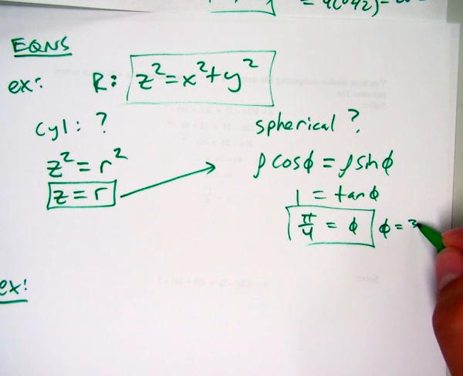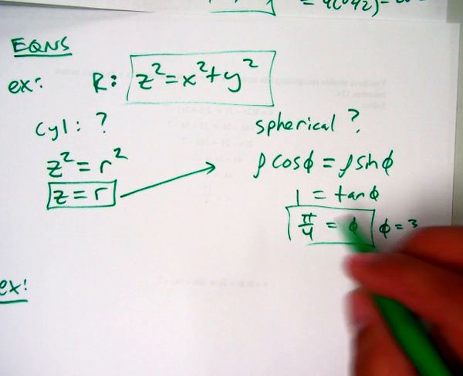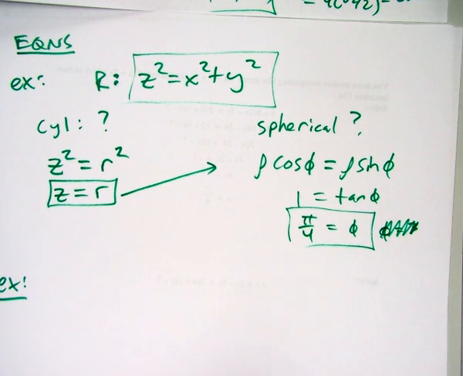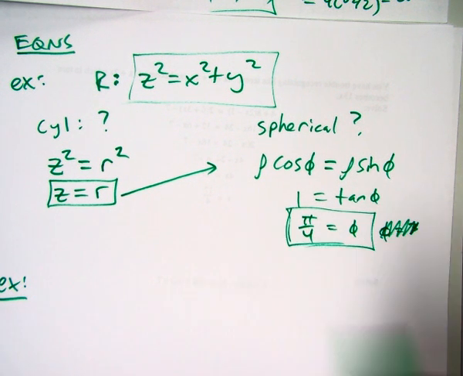So maybe we just do plus or minus, because that would be the equation, right? So then, I mean, 3 pi over 4 would be the other answer. But see, it's kind of strange here because tangent of 3 pi over 4 isn't 1. But anyway, one more.